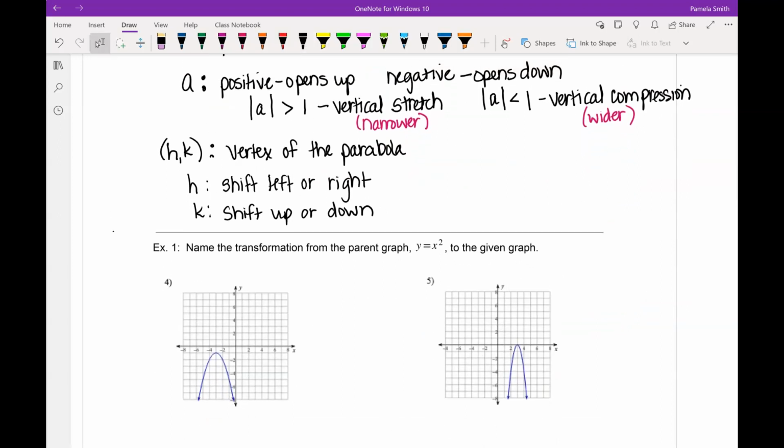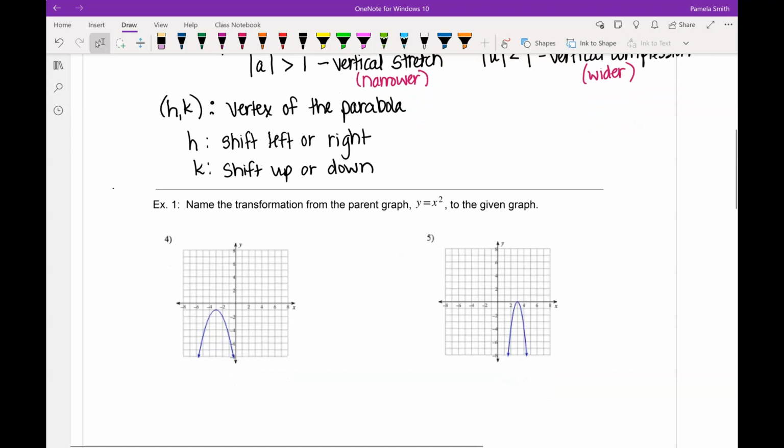So they want us to name the transformation from the parent graph y equals x squared to the given graph. Well, the graph of y equals x squared obviously doesn't change from time to time. So you have to think about it.